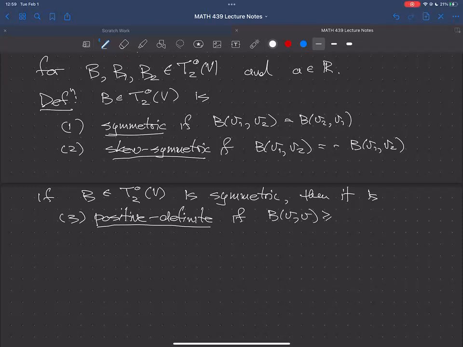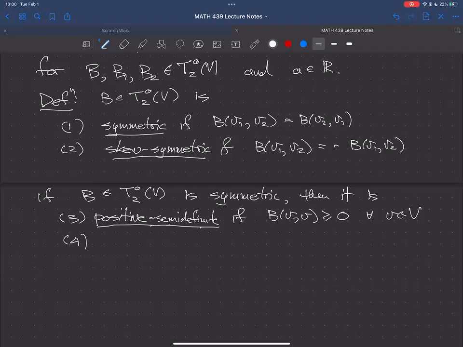Actually, sorry, I apologize, I'm going to define positive semi-definite first. It's positive semi-definite if this is true. If you give the same vector in both slots, you get something that's non-negative.